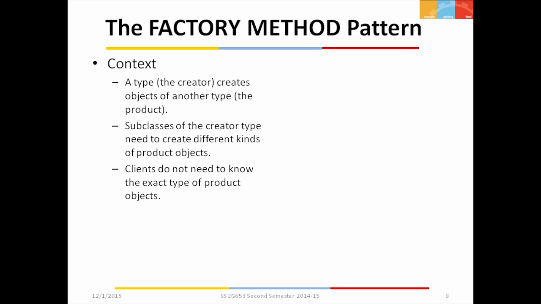So the context here is a type, or the creator, basically creates objects of another type, or the product. So there is a type called creator, there is another type called the product. So a creator basically creates a product. Now subclasses of the creator may need to create different kinds of products, and the end client does not really need to know the exact type of the product object.